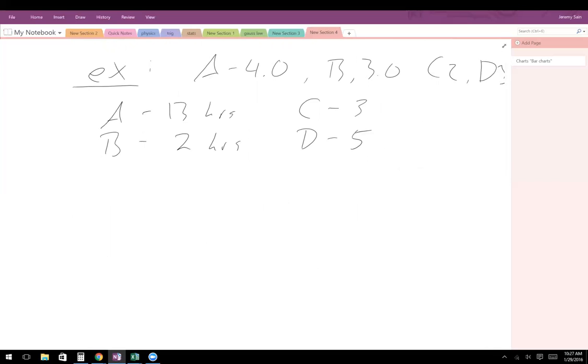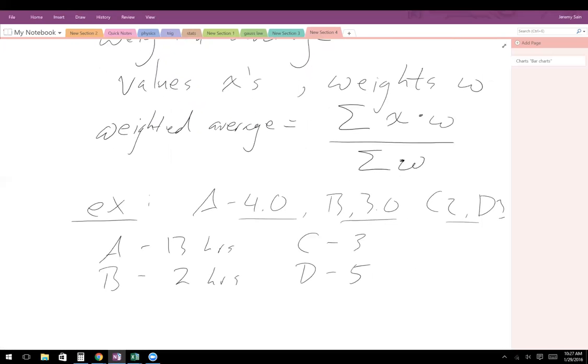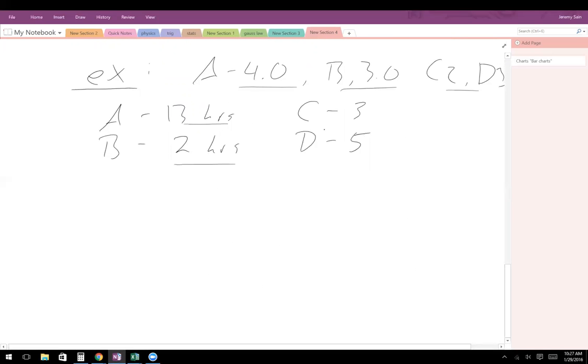So, okay, let me ask you this. Which one are we averaging and which one are the weights? Are we averaging the grades or are we averaging the hours? Yeah, we're averaging the grades. So this 4, 3, 2, 1, those are the x's you're adding up. And these hours here, those are your weights. So I'm going to add up the value times the weight.